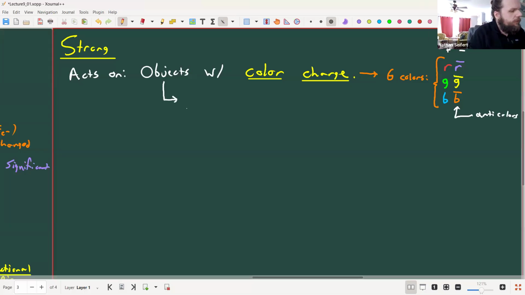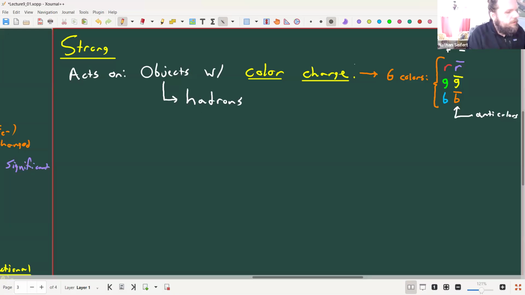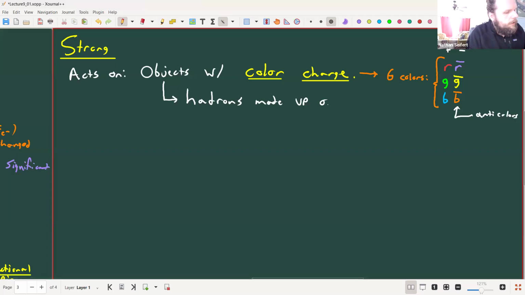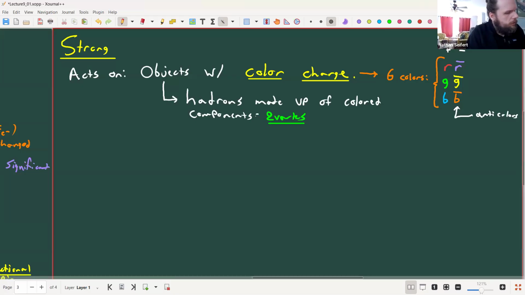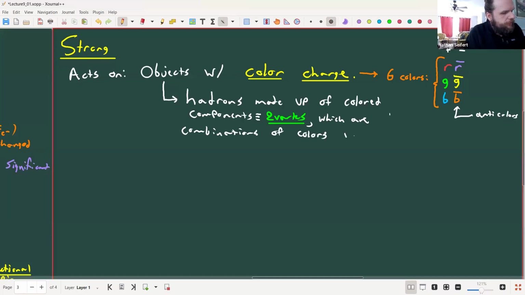All right, and objects with color are called hadrons, which are made up of colored particles, colored components called quarks, which are also, I'm sorry, of which are combinations of colors with zero color charge.